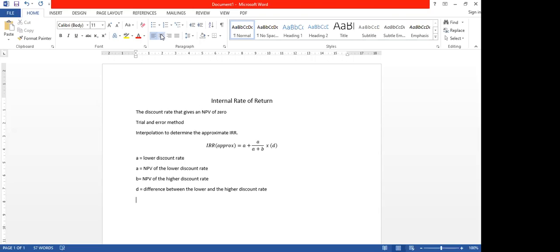In other words, you add the NPV of both the lower and the higher discount rate. You use that to divide the NPV of the lower discount rate. Then multiply it by D, which is the difference between the higher and the lower discount rate.